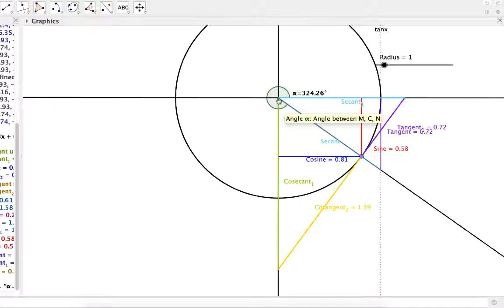Cosecant is from origin in the negative y direction to that intersection, so cosecant is negative.